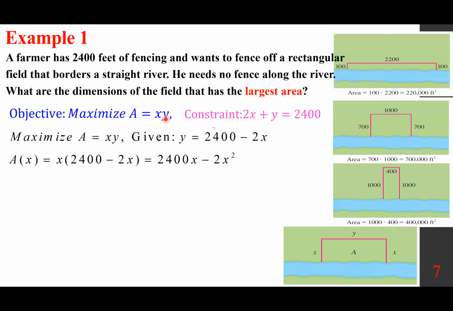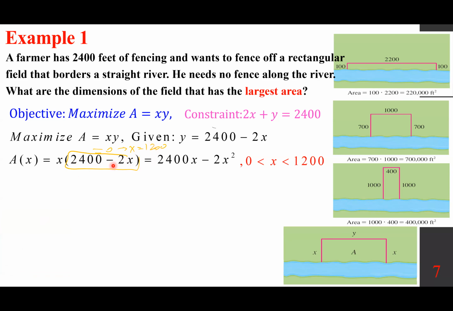Now, it's important to know when we look at this one, x is between 0 and 1,200. Why is that? First of all, x represents dimensions, so it must be positive. Secondly, if you set this parenthesis equal to 0, x becomes 1,200, which means if you choose it to be 1,200, the area becomes 0.